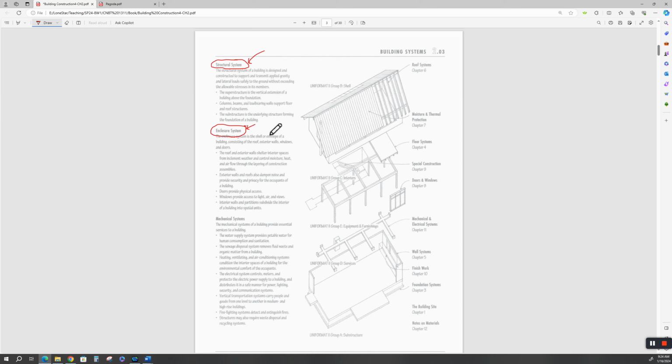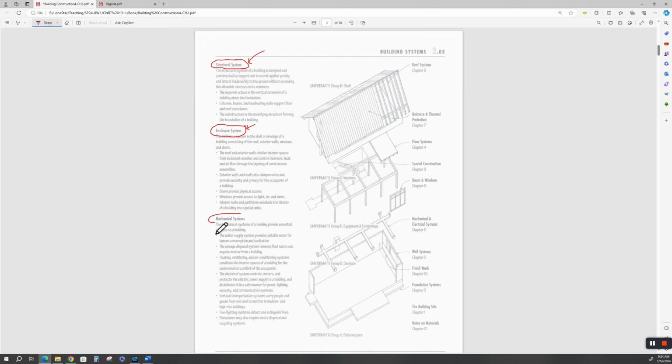The enclosure system is your typical wall systems, what encloses the structure. And then there's micro enclosures, those that are inside, that separate the bedrooms, and that sort of thing. This talks about your roof, your exterior walls, your doors, and your interior walls.